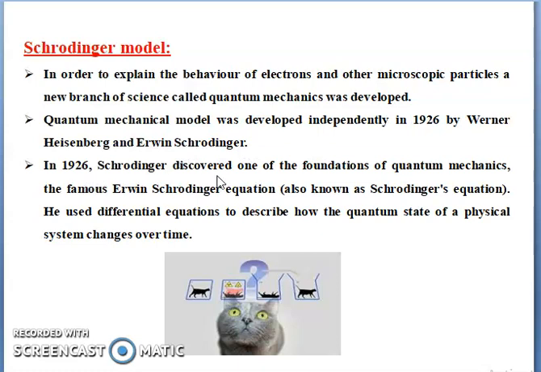In 1926 Schrodinger discovered one of the fundamentals of quantum mechanics, the famous Schrodinger equation. He used a differential equation to describe how the quantum states of a physical system change over time, moving from one state to another depending on time.